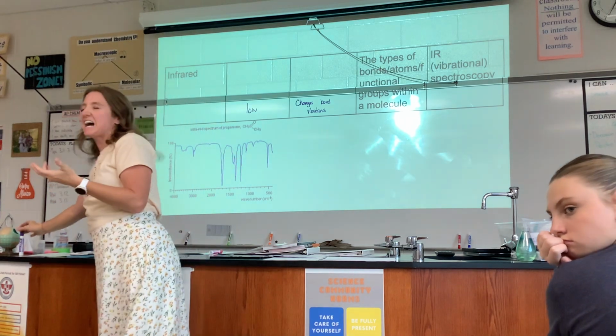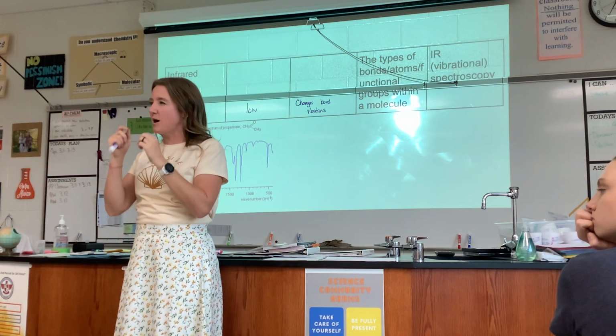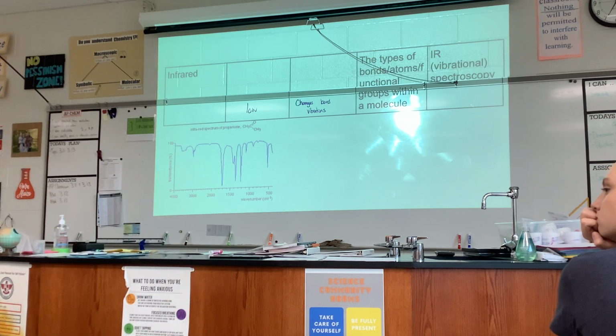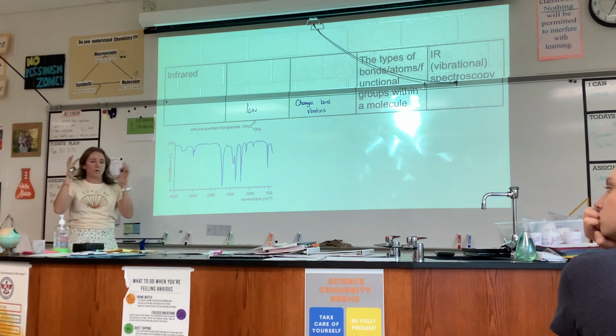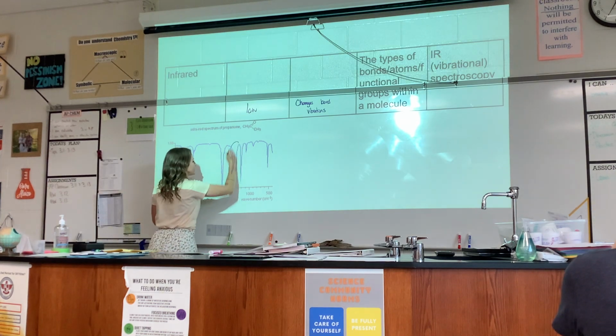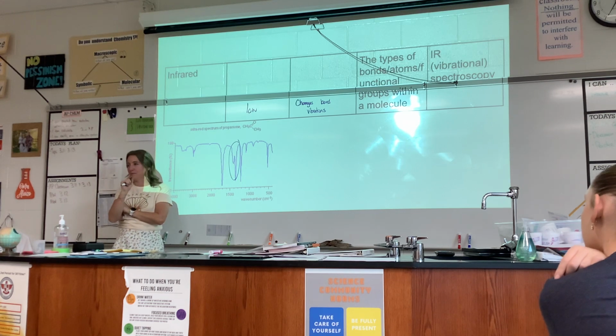The vibration is almost like a fingerprint in the way it behaves. Each bond has a very particular vibrational pattern. So when you see these funny looking graphs, you have to learn all the different patterns. But in a sense, this little section right here, this funny little shape, is like a fingerprint for a type of bond.